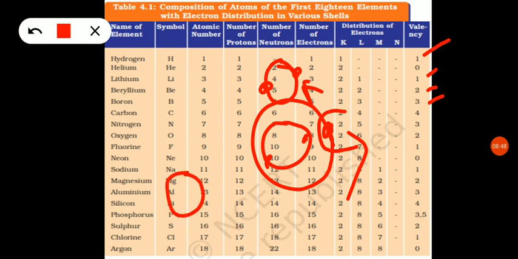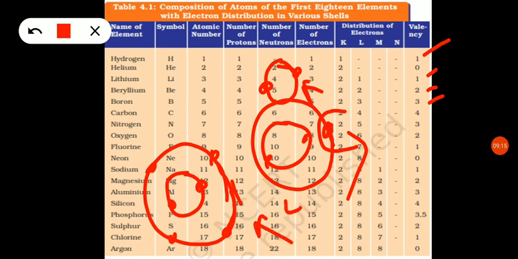So in the first orbit 2 electrons will be there, and in the next 4. So here what happens? The valency is 4 because in the last orbit 4 electrons are present. So to become octet, the carbon has to gain 4 electrons.